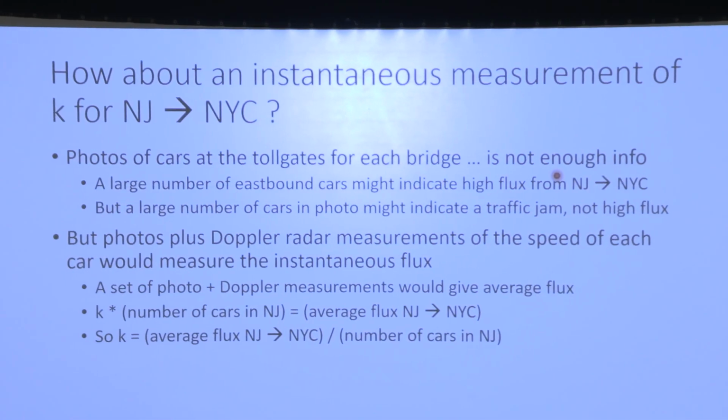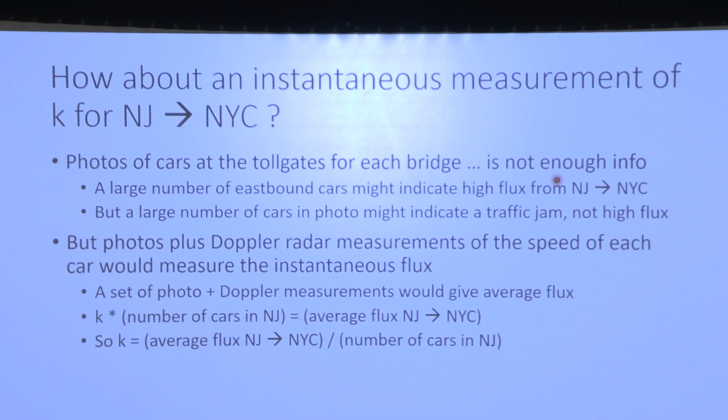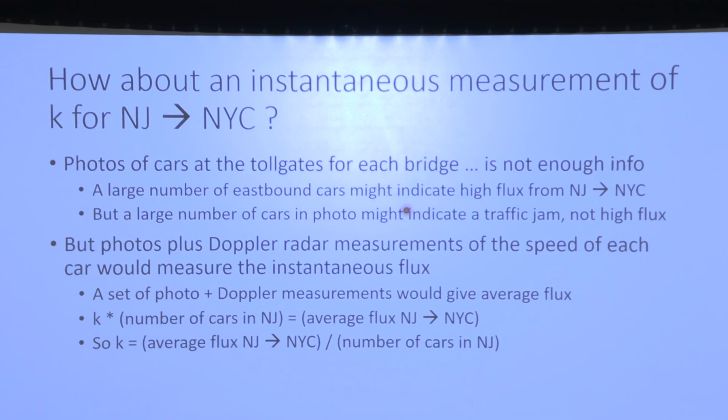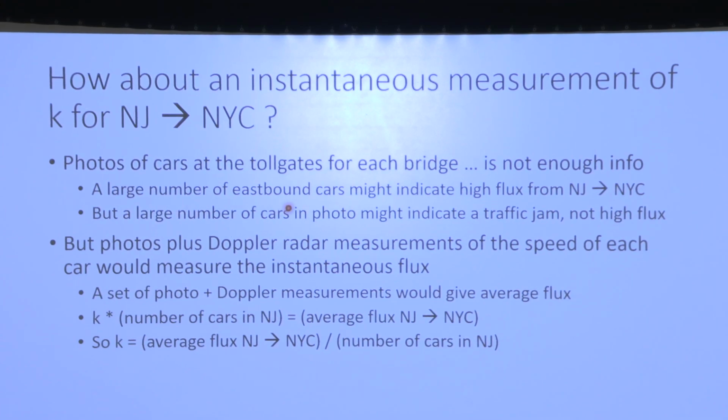Just to see the cars at the toll gates is not enough, because a large number of cars could indicate there's a high flux from New Jersey to New York. Or it could just indicate I'm taking a picture of a traffic jam, and they're all stuck and they're not moving, in which case the rate from New Jersey to New York might be 0. Right?